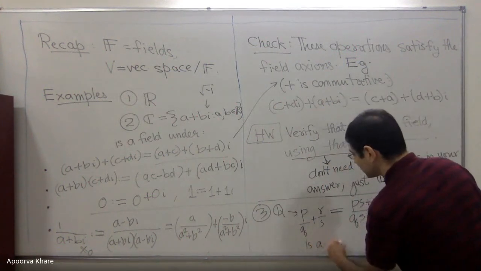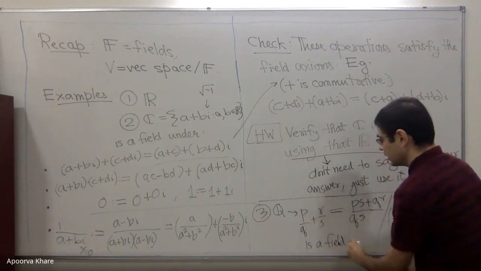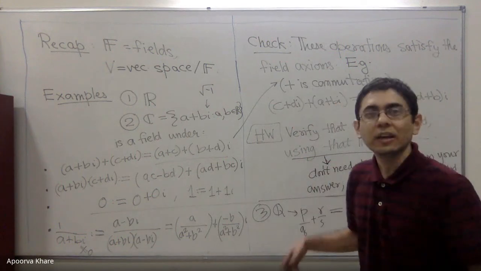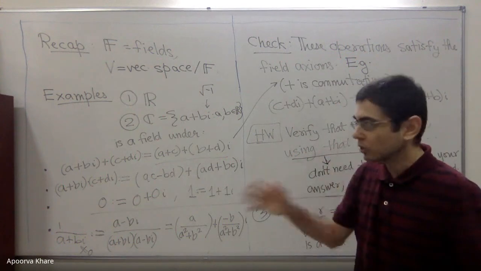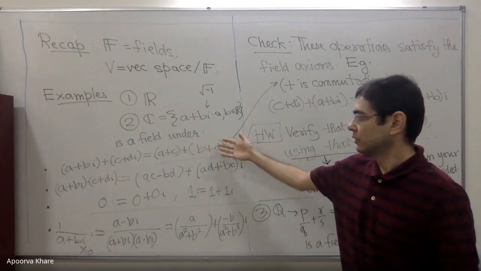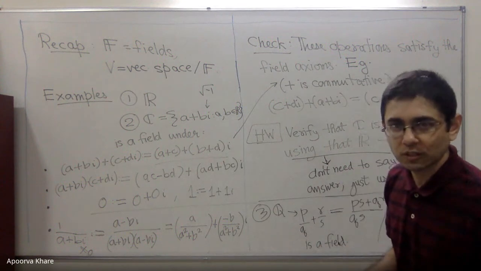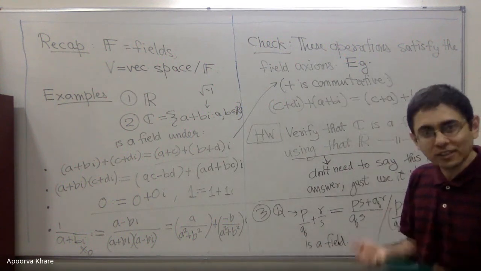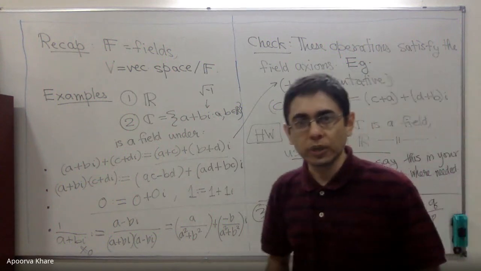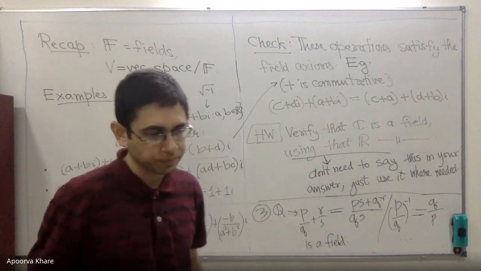Again, this involves verifying that the field axioms hold, basically using the field axioms for the integers. You need to know that addition of integers is commutative and associative, multiplication of integers is commutative and associative, the distributive law holds over integers, and so on. That's the kind of stuff you would need to verify to prove that Q is a field. I won't ask you to do it.